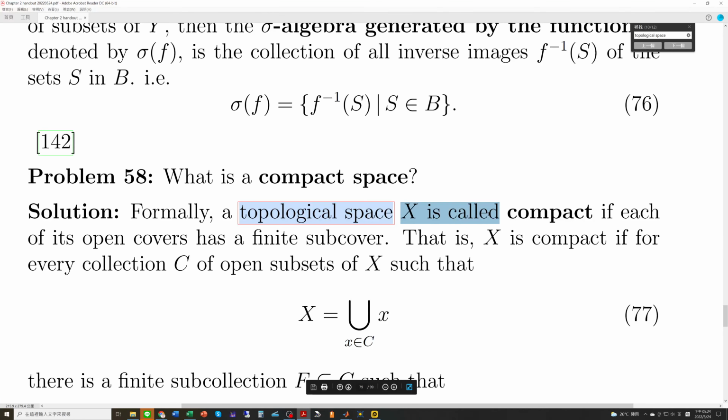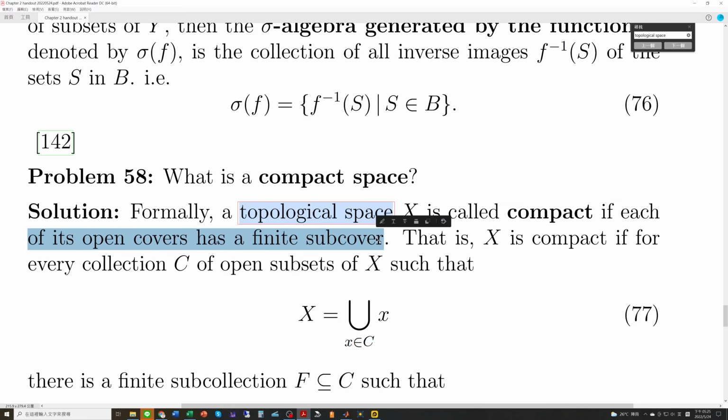Okay, X is called compact if each of its open covers has a finite subcover. Okay, what is the meaning of this sentence? Okay, we explain it immediately.